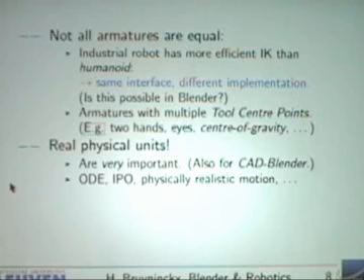But as soon as you model physics, units are important. I say, okay, this is 10, and I need 10 kilograms. But in the US, they say, okay, this is 10, but it is 10 pounds. Anyway, units should be a bit more visible, at least for people that want to have them.